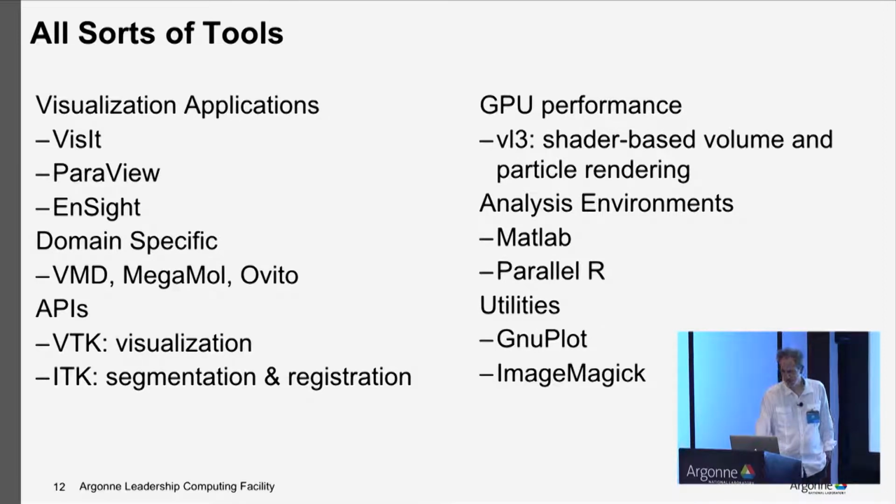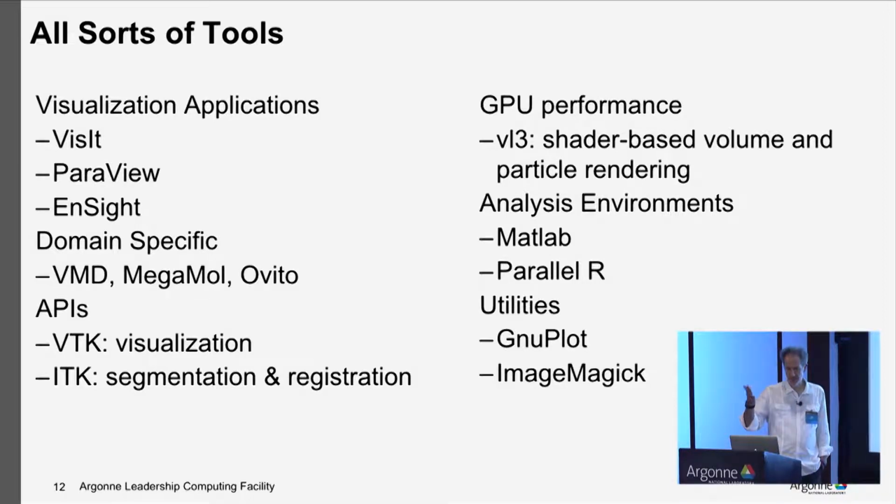Insight is actually a commercial product, so we don't use it very widely, but it's another similar product that's out there. There are lots of domain-specific tools. In particular, there's a handful: VMD, MegaMol, and VITO are some popular ones for doing molecular dynamics type visualizations.